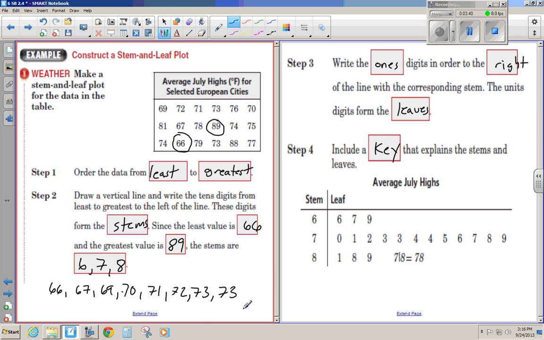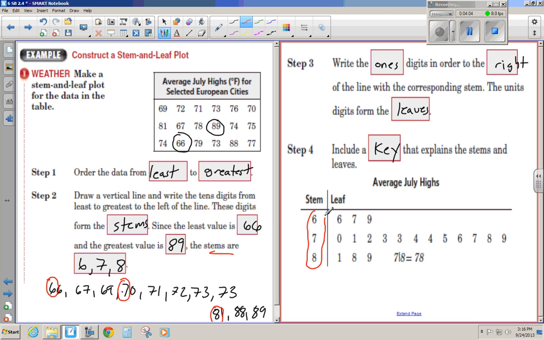You'd go all the way through, and then the last numbers would be 81, 88, and 89. So once they're in order, draw from least to greatest. Then these numbers here, the 6, the 7, and the 8, those are your stems.